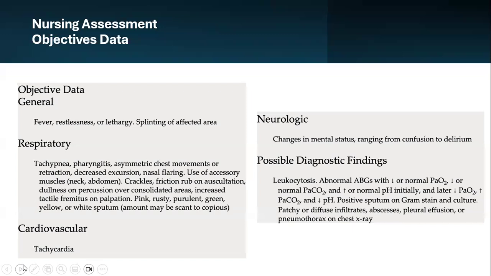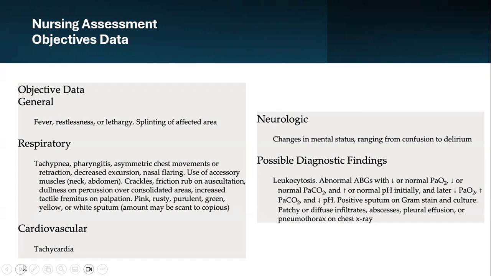Next, you also need to explore the objective data. You can do your head-to-toe assessment to gain all this data. In general, we will see patients with pneumonia having a fever, feelings of restlessness or lethargy, and also splinting of the affected area.